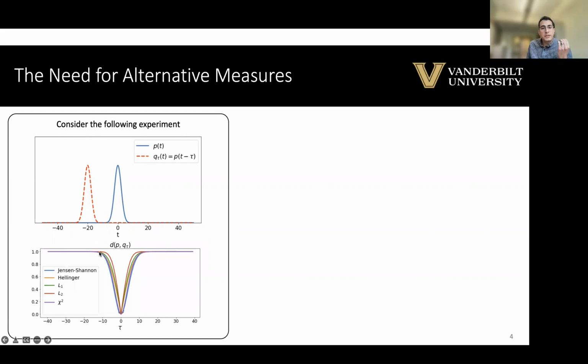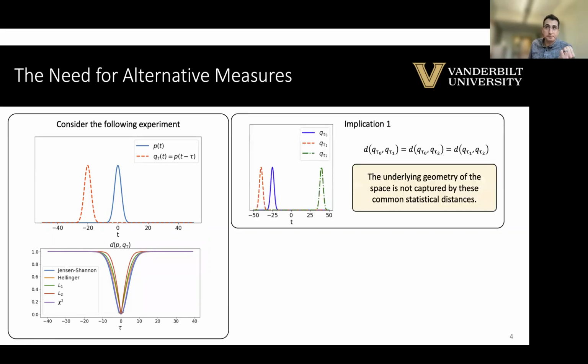There's only information when the support is not disjoint, and we get some information about how close they are when we start having some overlap between these distributions. Okay, so this is a typical behavior of these distances that we looked at.